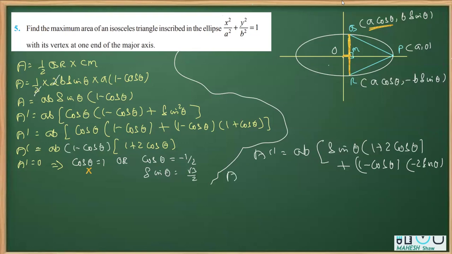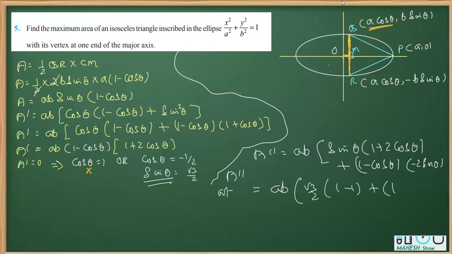Now we'll find A double dash by placing this sine theta and cos theta. So if we do so, sine theta is root 3 by 2, 1 plus 2 times of this is what? 2 multiplied by minus half is minus 1. That will come as 0.